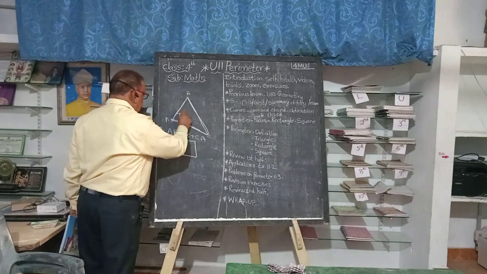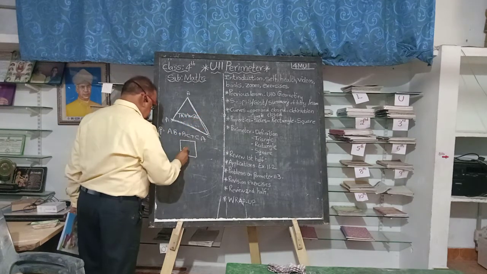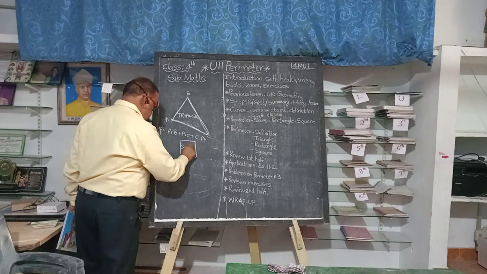this is a triangle. Correct? This is a square.